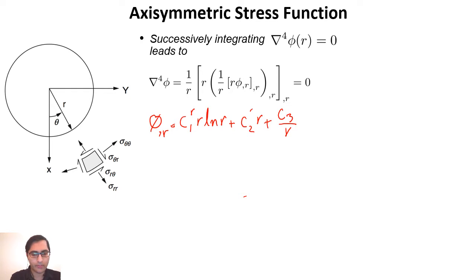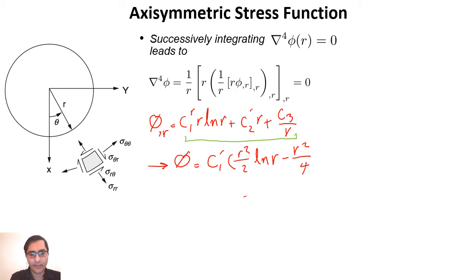So basically, integrating the right side with respect to r gives us φ equal to c1 prime r squared divided by 2 ln of r by integrating the term r ln r, minus r squared divided by 4 by integrating the term ln of r, plus c2 prime r squared divided by 2, plus c3 prime ln of r and c4, which is a new constant due to the new integral.